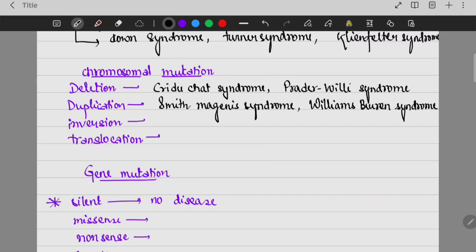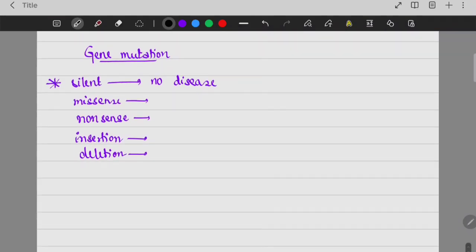Okay. Now the inversion: hemophilia. Another is Hunter syndrome. Under translocation, it will be leukemia. Under gene mutation, in silent there will be no disease present.